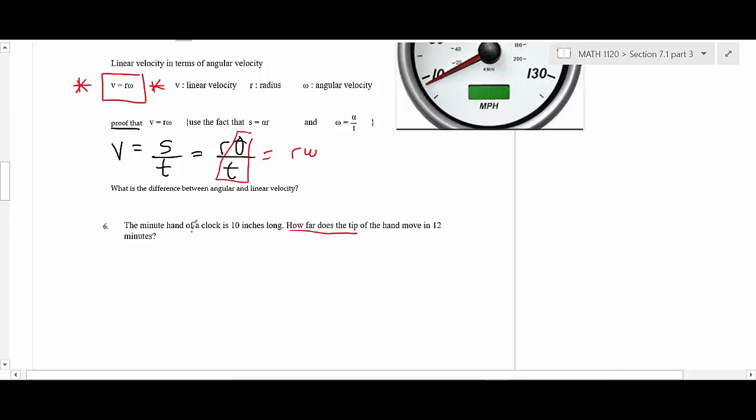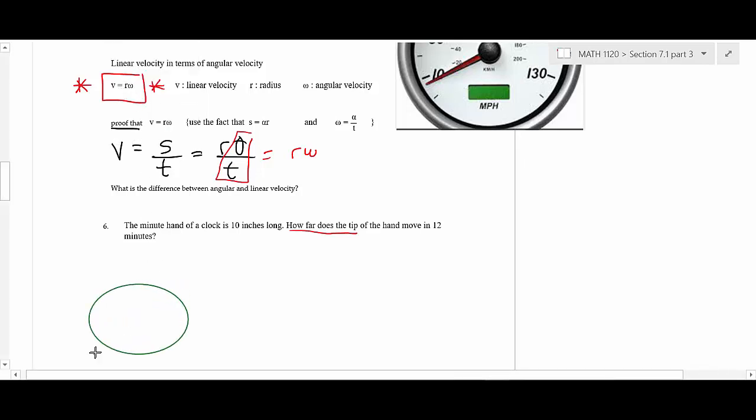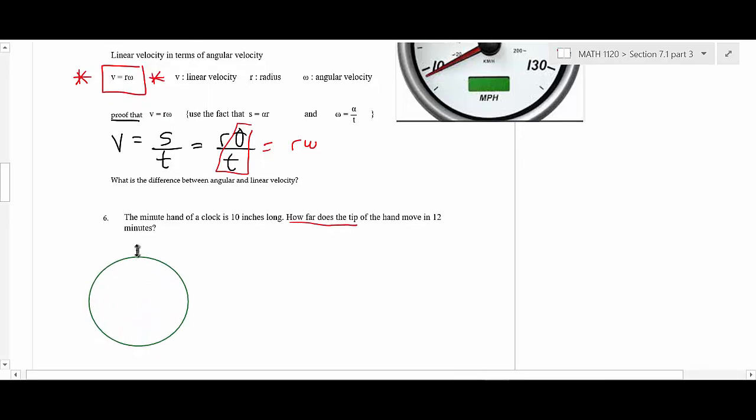Okay, so we're looking at a distance on this. So what I'm going to do is draw a circle, and we're going to see if we can figure out this distance. A lot of times when you're doing a word problem, it's a good idea to draw a circle. Okay, so the minute hand is 10 inches long. We're going to look at how far it goes in 12 minutes.